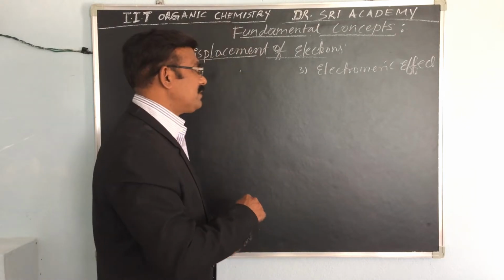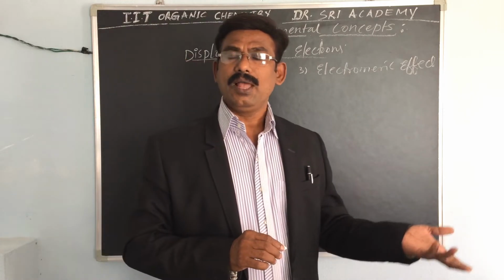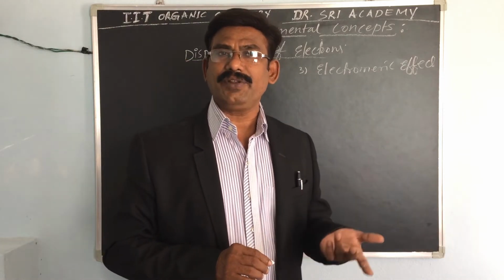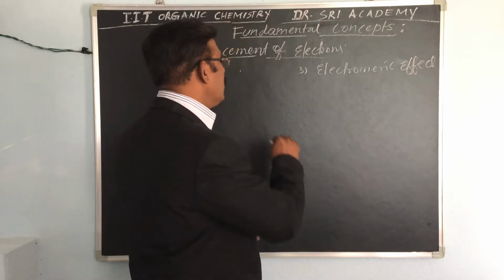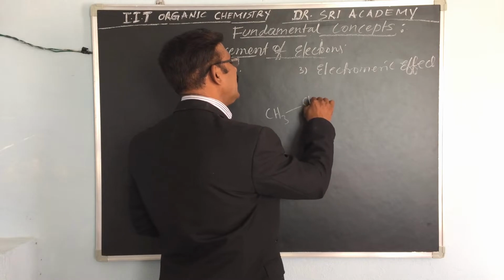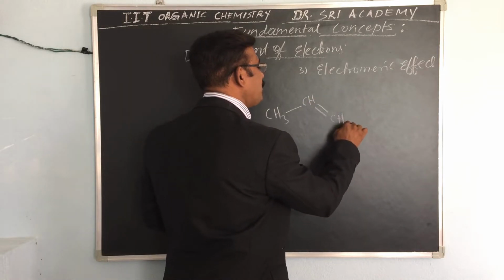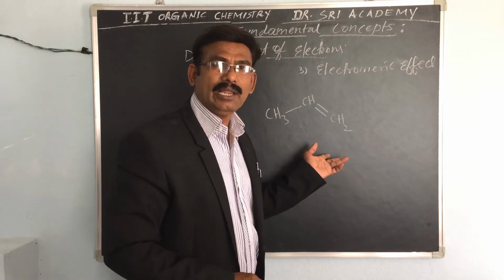In the presence of a reagent, addition of an acid, either hydrochloric acid or sulfuric acid, to an alkene. For example, this is propene. We take propene, CH3-CH=CH2.